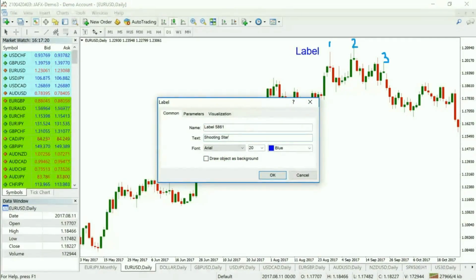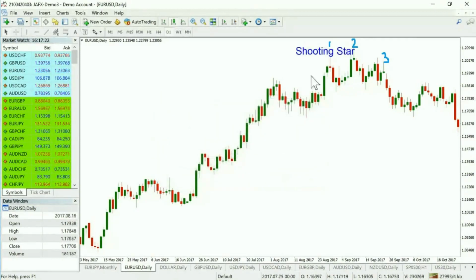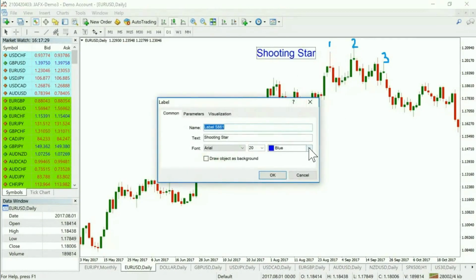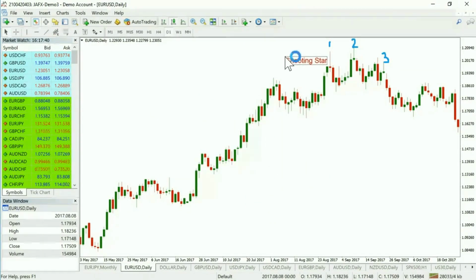So you can put that in there. I'll just change the format. You can change the color. A shooting star is bearish in nature, and maybe just reduce the size down a little bit. So we could put that in here so you can identify that particular candlestick.